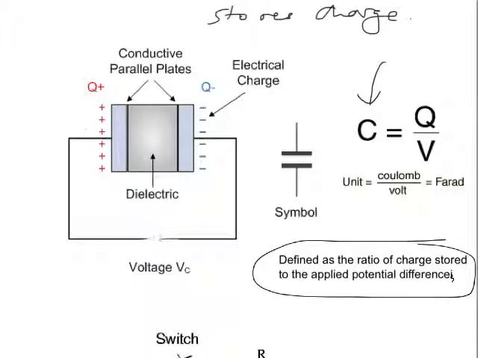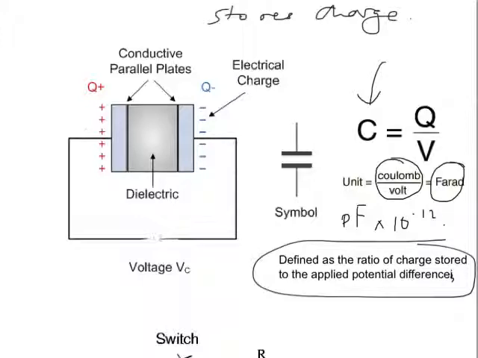Another way of looking at it is the charge per unit potential difference that can accumulate on a conductor. The units are coulombs per unit volt or the farad. Very commonly, you do sometimes see the picofarad, which is times 10 to the minus 12, or microfarad, etc. Okay, so that's all you need to know about capacitance.